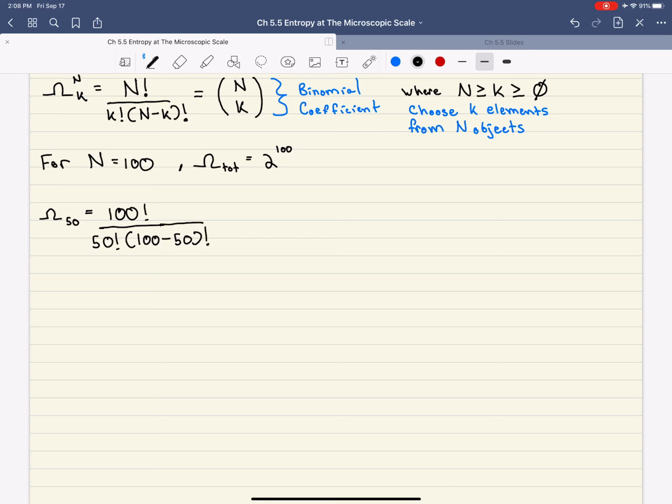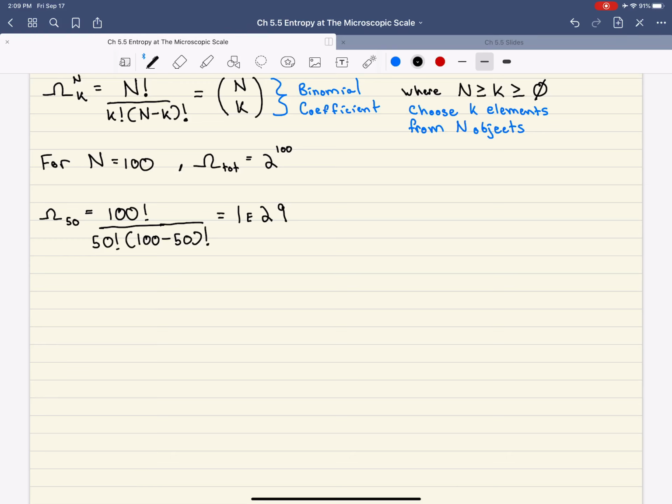All right, and so if we actually go out and calculate this number, what you get is 1 times 10 to the 29th. All right, so there's that many different ways to have, or that many different microstates in which 50 of the coins would be face up. All right, so that's a very large number.